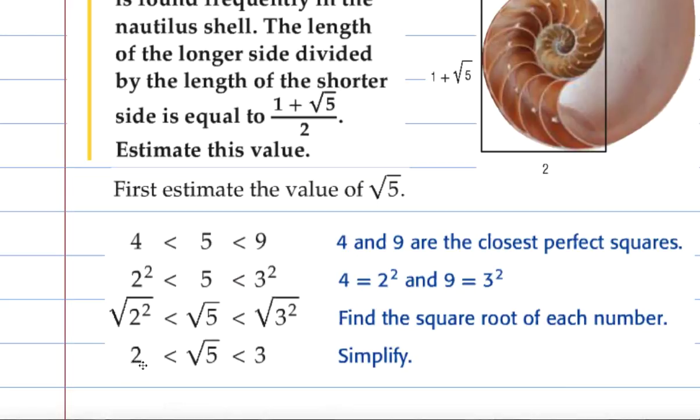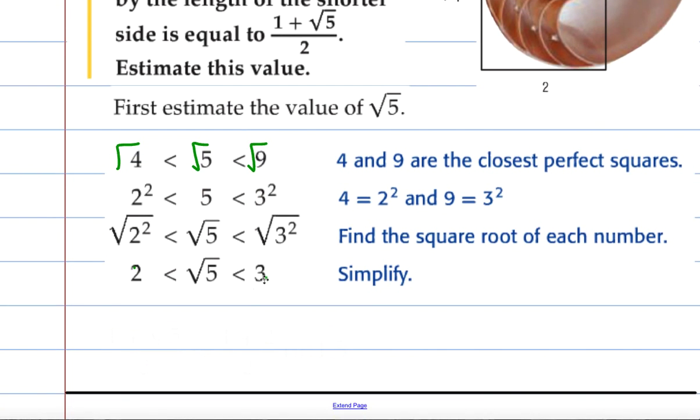So it's going to be between the numbers 2 and 3. So 4 and 9 are perfect squares. These are square roots, and we simplify. So that was a lot more work than we might have done, but if you show it like this, that might help right away. The square root of 4 gets you to 2, and the square root of 9 gets you to 3. So it's going to be between 2 and 3.